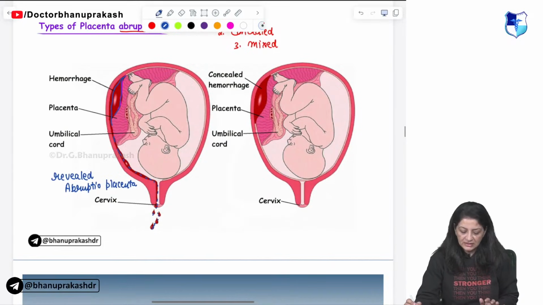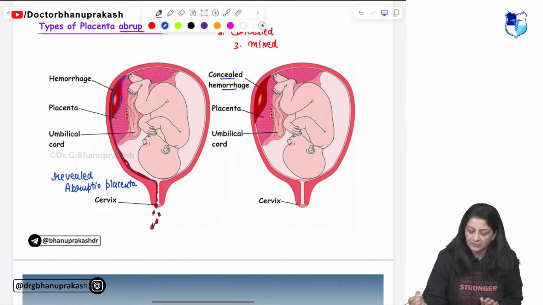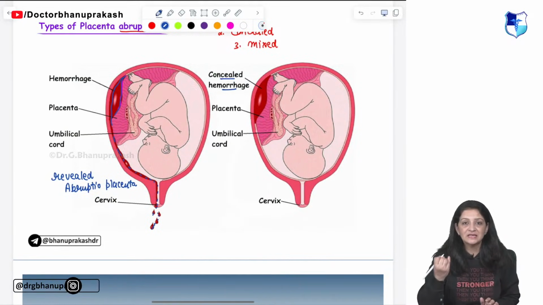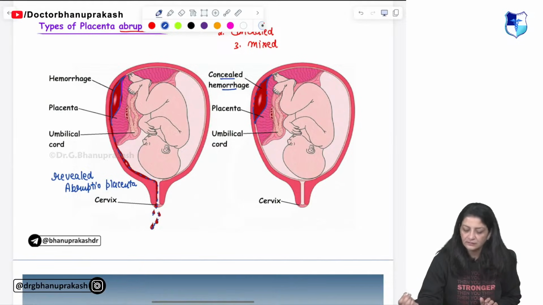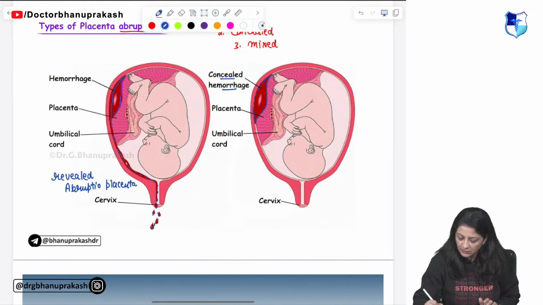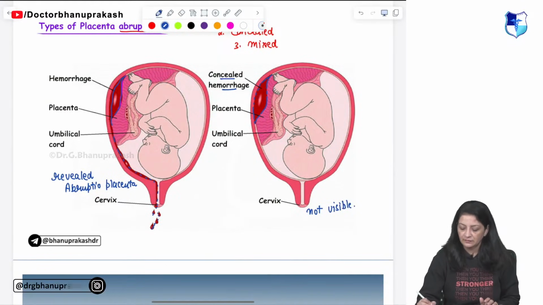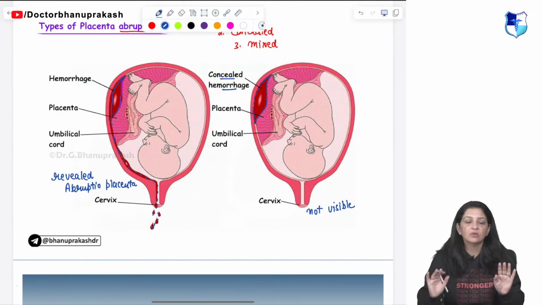Second one, concealed. After placental separation, blood will start collecting behind the placenta. Bleeding is not visible. Concealed means sealed.